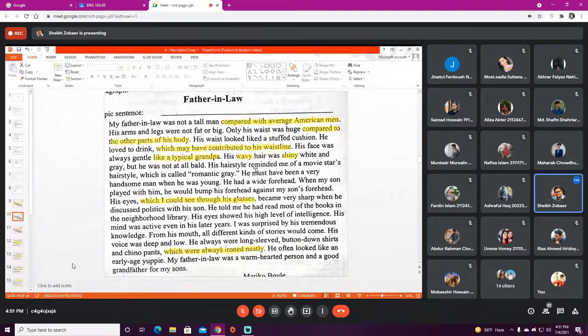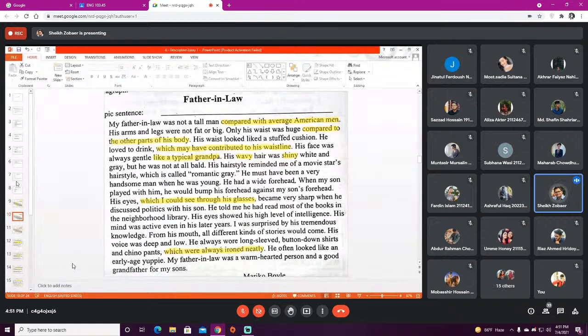All right, good. So we're done with illustrating how you can use descriptive detail and sensory image to improve your description.